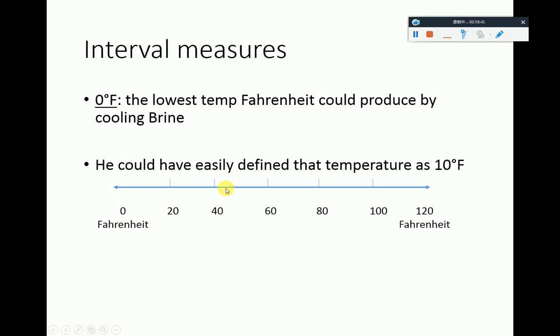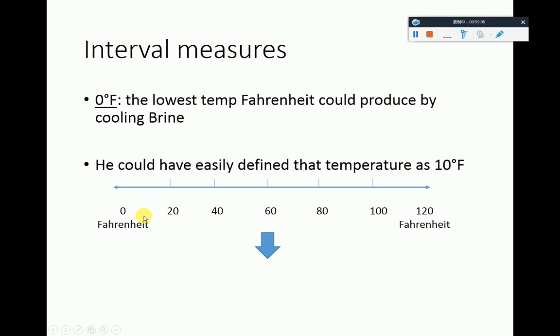So this is the Fahrenheit scale that we have nowadays. But if, let's imagine, right, he treated 10 degrees Fahrenheit instead of 0 as the lowest temperature that he could produce chemically, what this scale might look like.